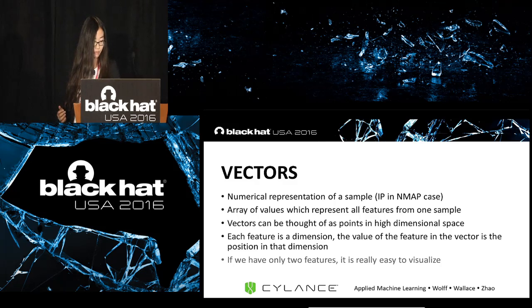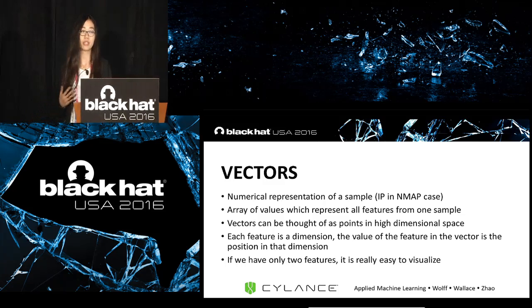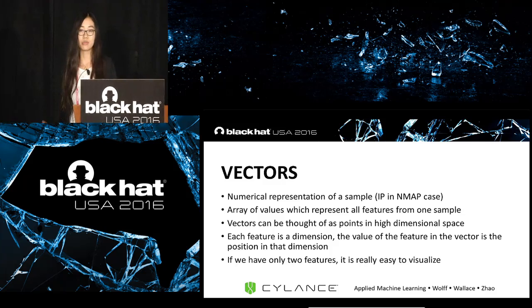So that array of values will be what we call vectors. These vectors are the numerical representation of our sample or our data. And when we have all this representation, we can fit it into all kinds of machine learning algorithms, not only for clustering. It can be used for all the other machine learning algorithms and do all kinds of fun things. And vectors, we can view as a point in a high-dimensional space.